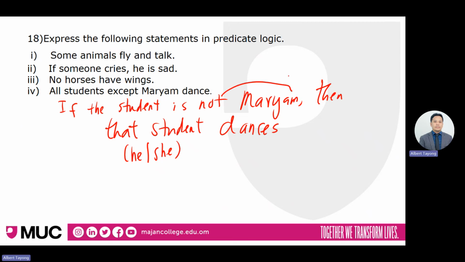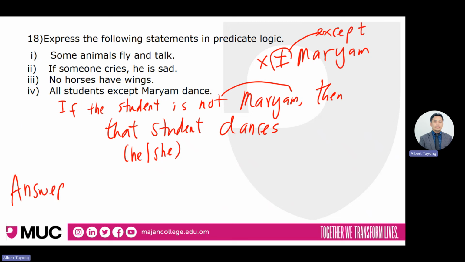So this is except, not equal to. Okay, so not equal to is except Mariam.